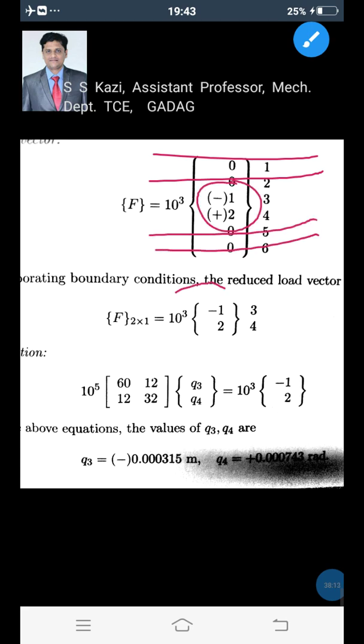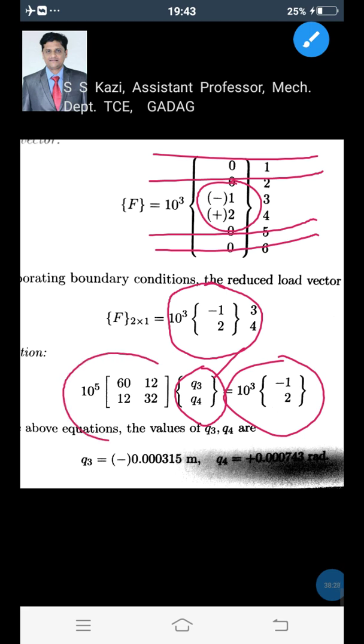Minus 1000 and plus 2000, already written in the global equilibrium equation, and only U3 and U4 are left. Here the notation is Q3, Q4, we took U3, U4. In the stiffness matrix, by eliminating the first, second, fifth and sixth equations, you will get these four terms.